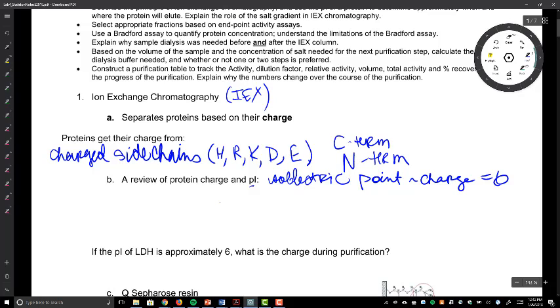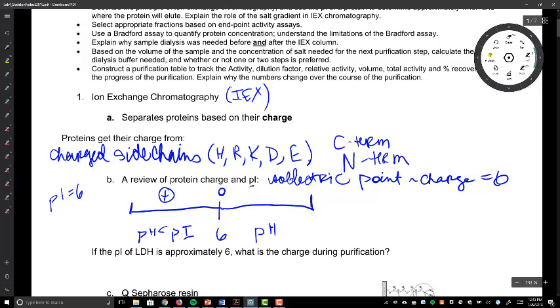So if we have a protein with a PI of 6, that means at pH 6, our protein has a net charge of 0. However, if we are at a pH that is less than the PI, that protein will carry a positive charge. And if we're at a pH that's greater than the PI, then the protein will carry a negative charge.